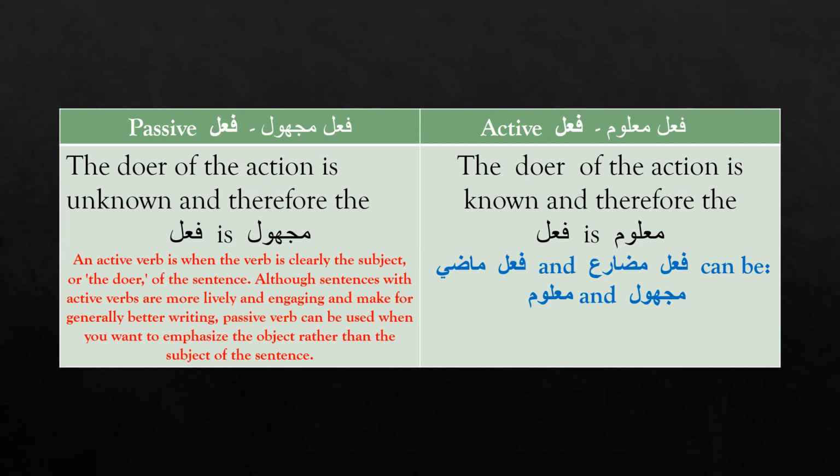And you will see a lot of examples of fail majhool in the Quran, inshallah, when we start taking learning examples from the Quran. So fail majhool is mostly used when we are emphasizing the object rather than the subject, the maf'ool rather than the fail.